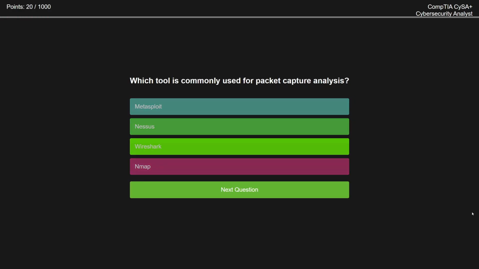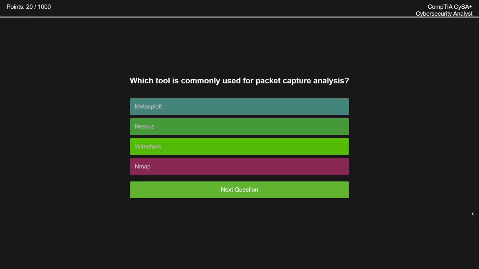So the answer was Wireshark for this one, but with Metasploit you can do some pretty cool stuff, because when I've looked at it, it's a tool where you can do all sorts of different attacks. There's not just one exploit that you can do. There are multiple different exploits that you can pull off with Metasploit.